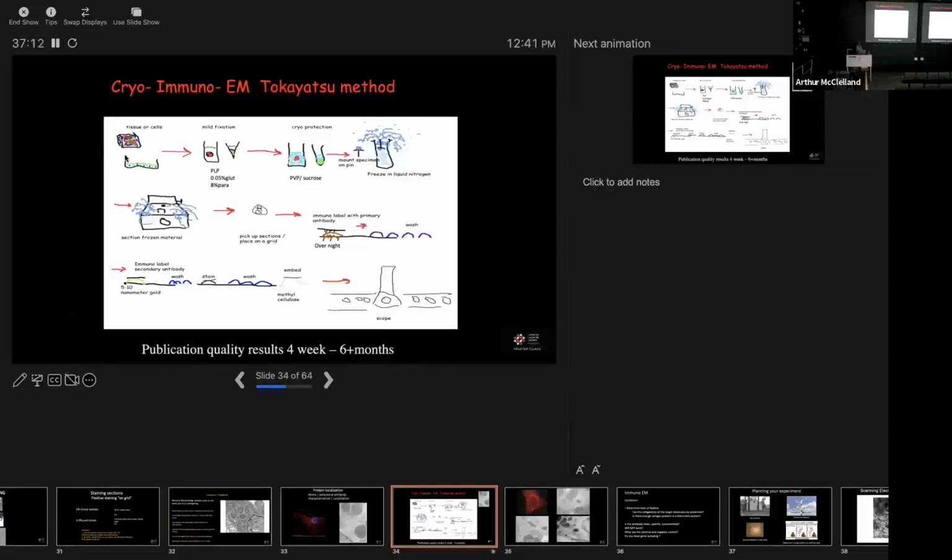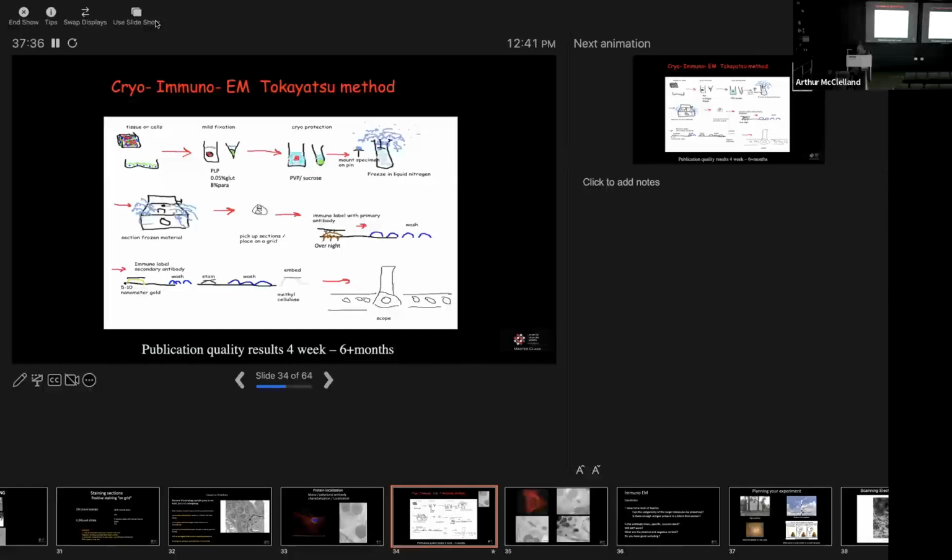So what we do is we start with a cultured dish of cells or a chunk of tissue. We have to be very careful with our fixation at this point. Heavy fixation with 2% glutaraldehyde is more than likely going to block our antibodies from our antigen. So we have to use very mild fixation.